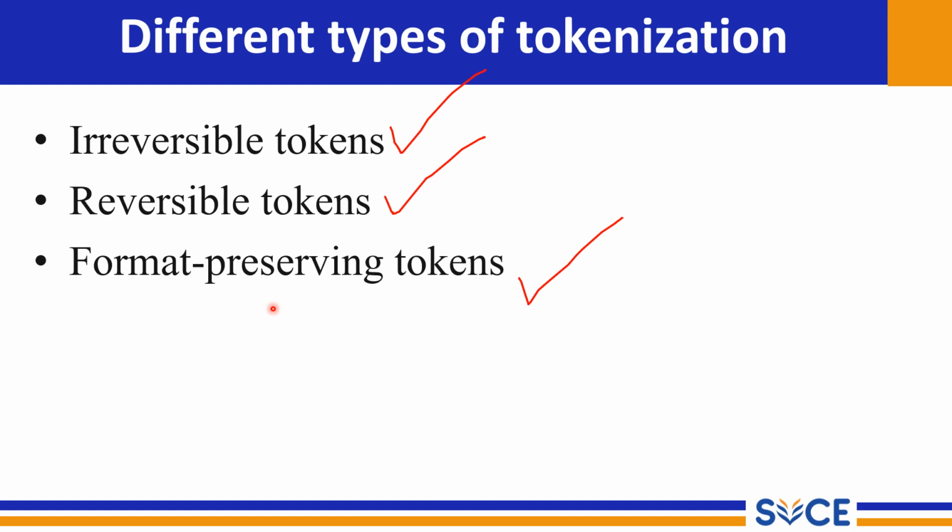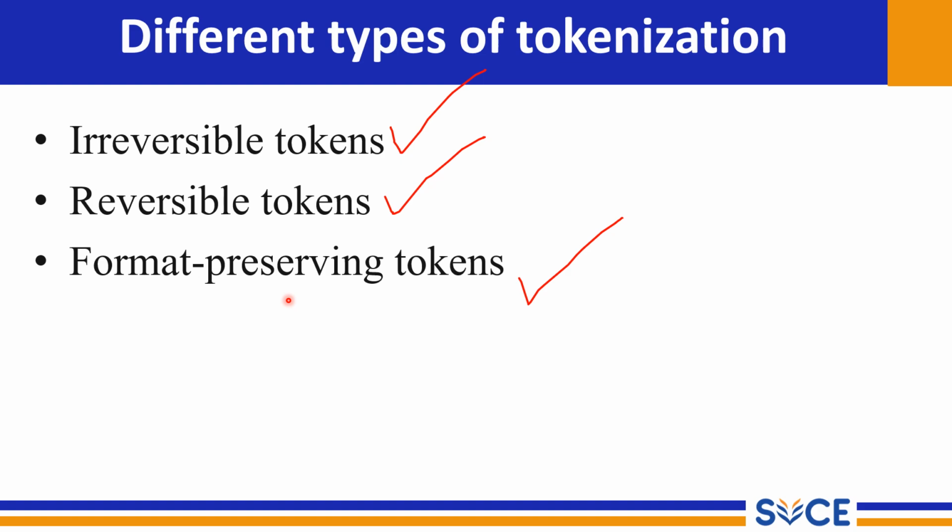Reversible tokens are useful when people and systems need access to the original data. For example, when issuing a refund payment, a processor might need to convert a payment token back into the actual payment card details. And last, the format preserving token has the same format as the data it replaces. For example, the token for a credit card number like 1234 1234 1234 1234 might be 8493975619866455.